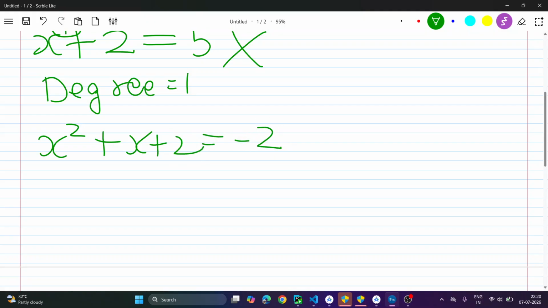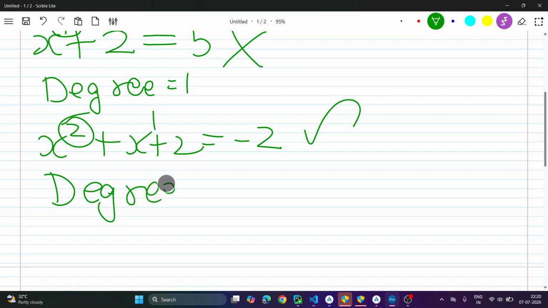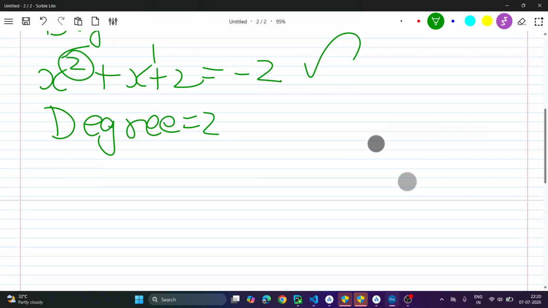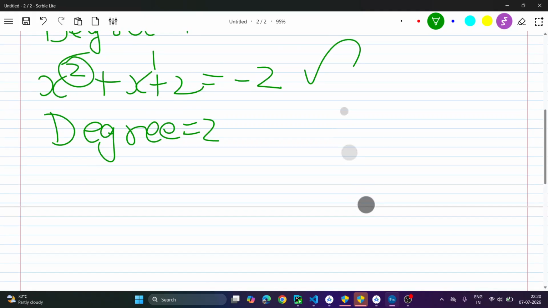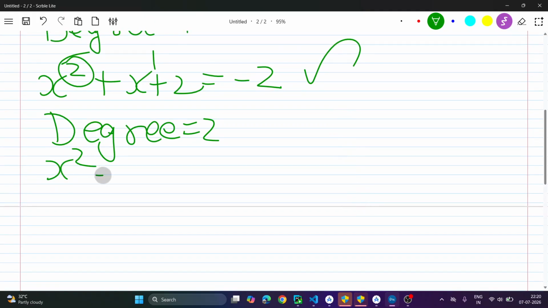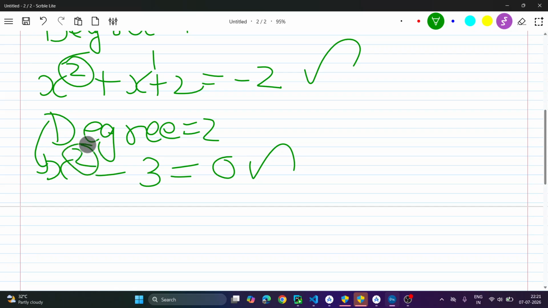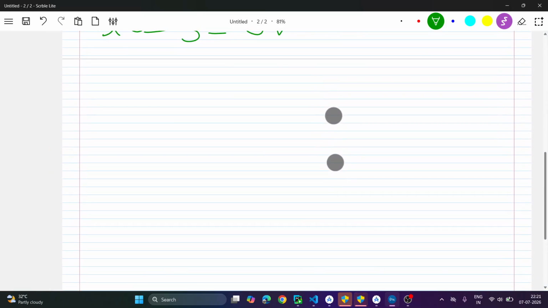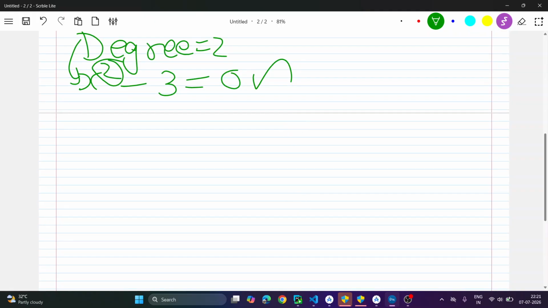Is this a quadratic equation? Yes, degree equals 2. And then we also have x squared minus 3 equals 0. Yes, same applies here too, right? So this is also a quadratic equation.